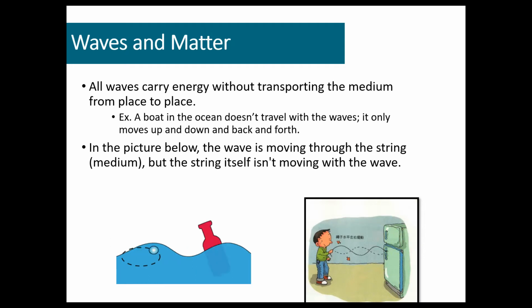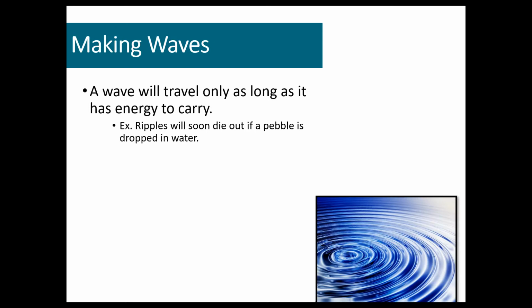And this is a great example of how energy moves through the water in the ocean or the lake or the pond, but it doesn't carry the matter in the medium with it. So you can see that in a couple of these pictures here. The energy moves, but the matter of the medium doesn't move with the energy.